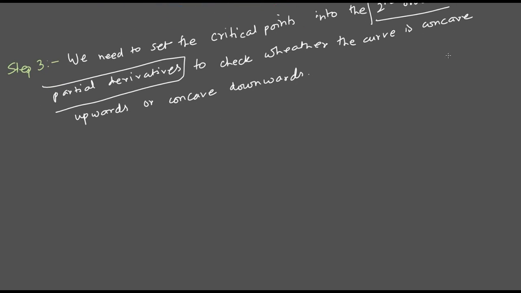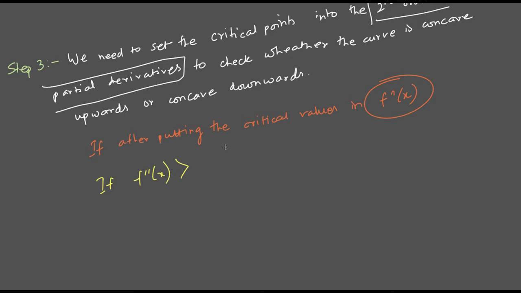See, after putting the critical values in f double prime x, which is the second order partial derivative, if f double prime x is greater than 0, it is concave upwards, or the curve is concave upwards.